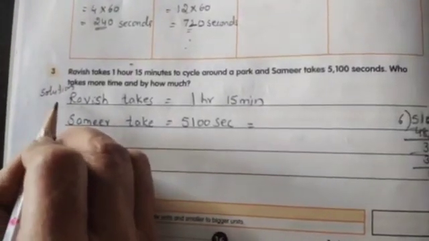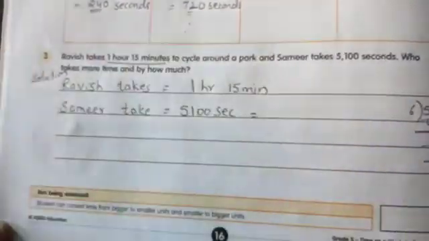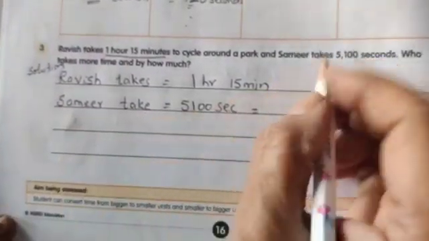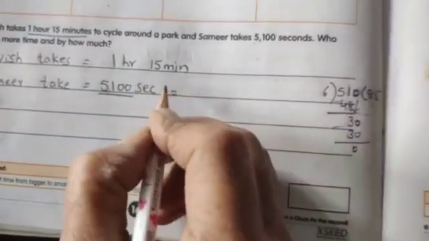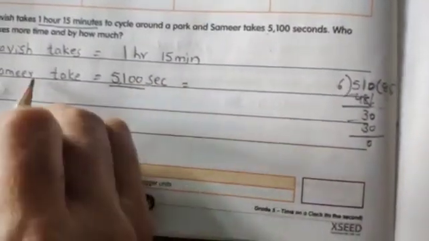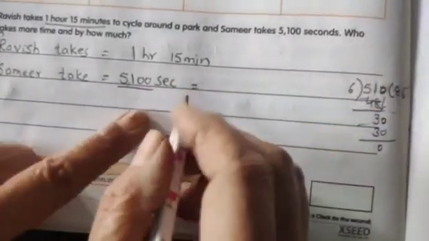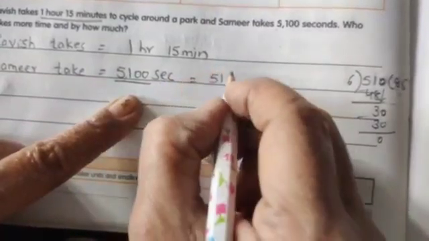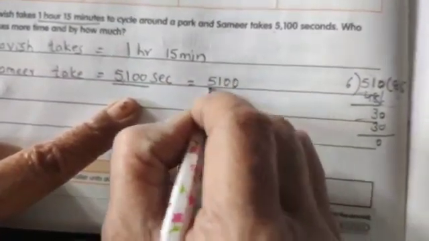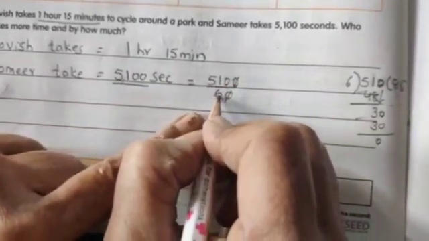So this is the solution, children. Ravish takes how much? 1 hour 15 minutes. Samir takes how much? 5100 seconds. So this will convert into minutes, children. Seconds into minutes, so smaller unit to bigger unit, you have to divide by 60. 0 and 0 cancel. 510 by 6.